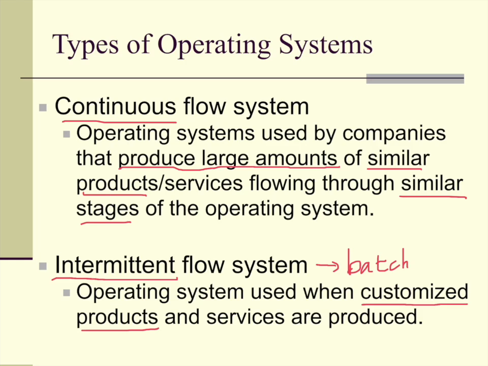Because they produce customized products. Customized means a unique product in every product. So they cannot use the continuous flow system because this is not similar: not similar product, not similar stages. That is the customized product. So they will choose the intermittent flow system or batch system. Okay, that's fine.